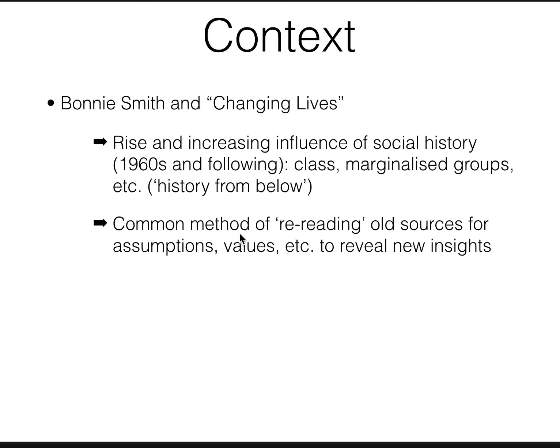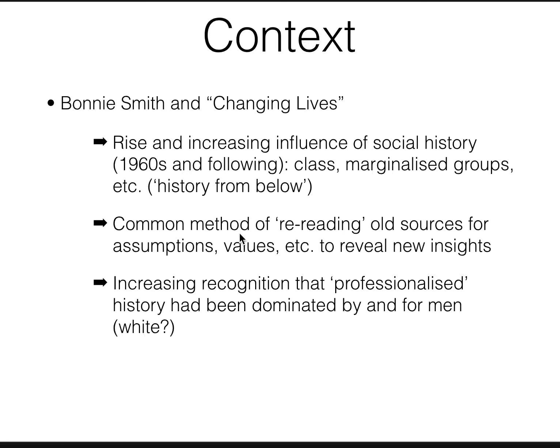So court documents, official government records, and so on. Part of social history has been the expansion of source material, getting letters and diaries of the average person, but part of it has been working with old sources in new ways. So new methodology is important here, and that's going to come out in Bonnie Smith's work.